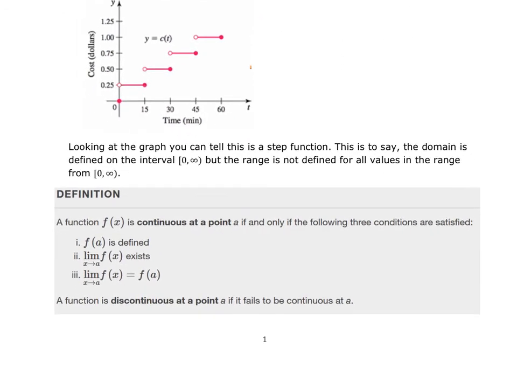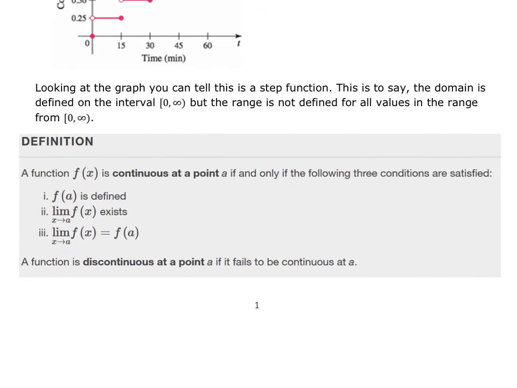And now we're going to define what continuous means. For a function to be continuous, there are 3 things that must happen. The first one: it has to be defined at a, where a is in the domain of your function. The limit as x approaches a of f of x has to exist. That means there can't be any jumps.